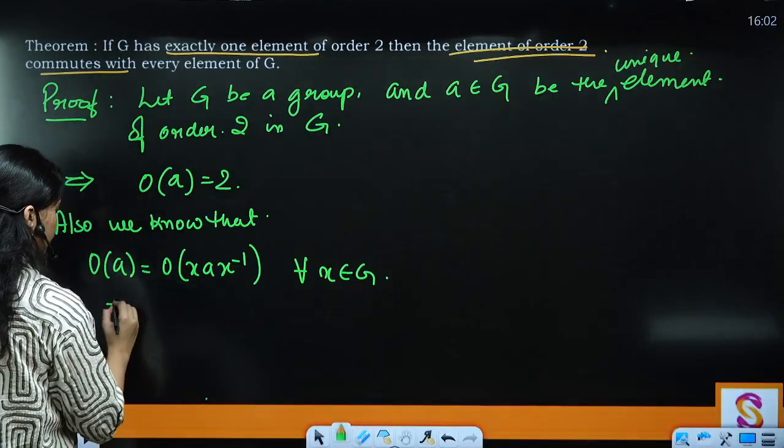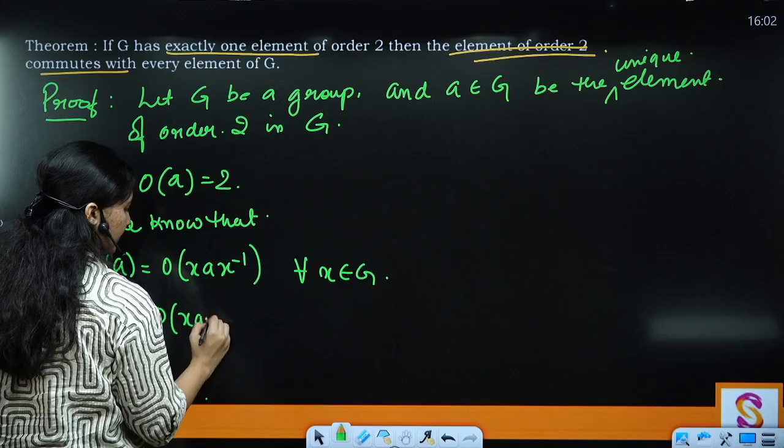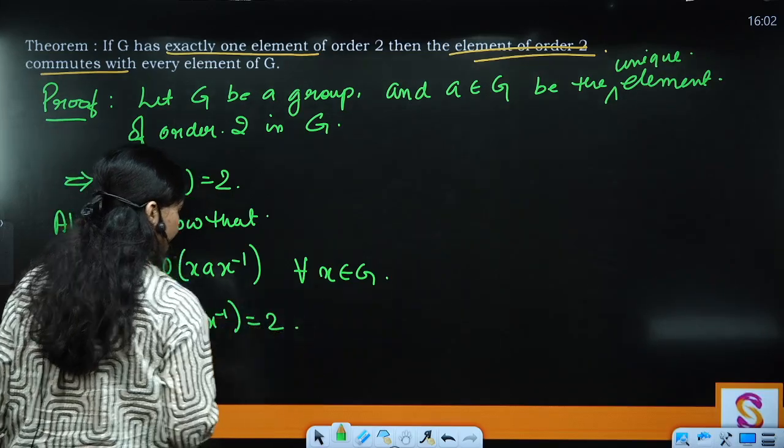So this implies that order of x a x inverse also equals 2.